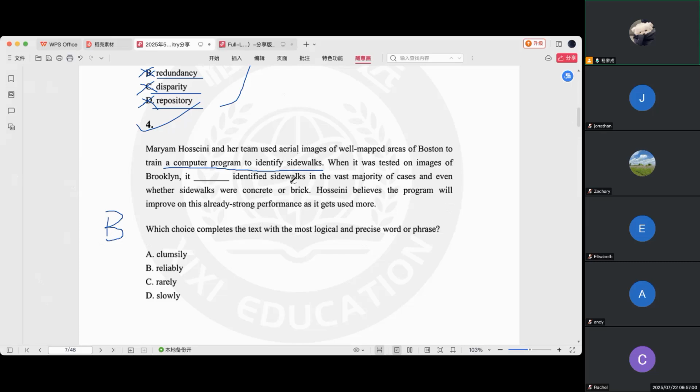And here it seems that when it was tested on images, it's able to identify sidewalks in the vast majority of cases, and it was even able to determine whether the sidewalks were concrete or brick. So it shows that it's very powerful and it's able to finish all of those tasks. So that's why it should be reliably. This contains a good connotation. And clumsily, rarely, and slowly contain a negative connotation, which doesn't fit in this context.